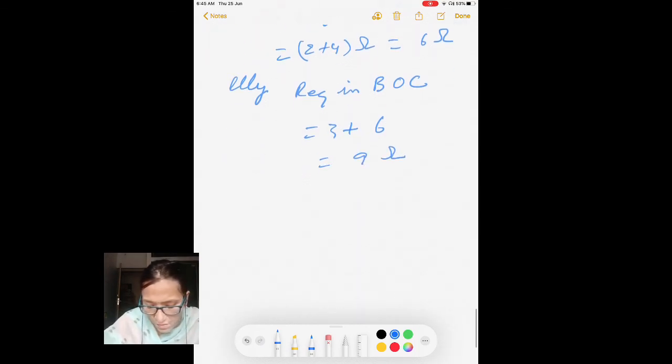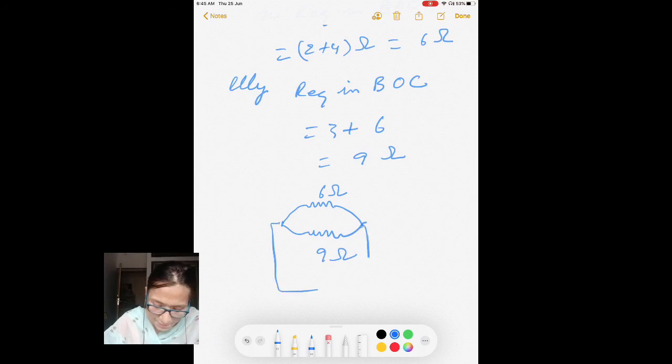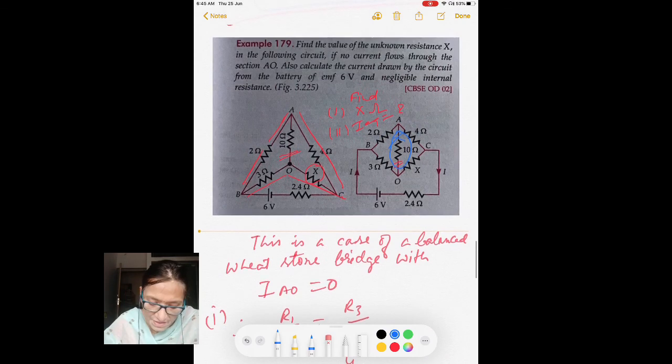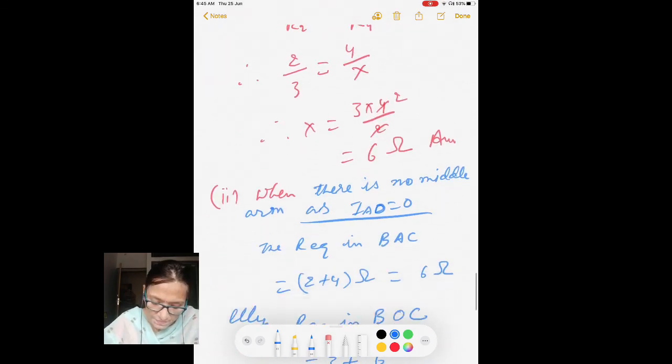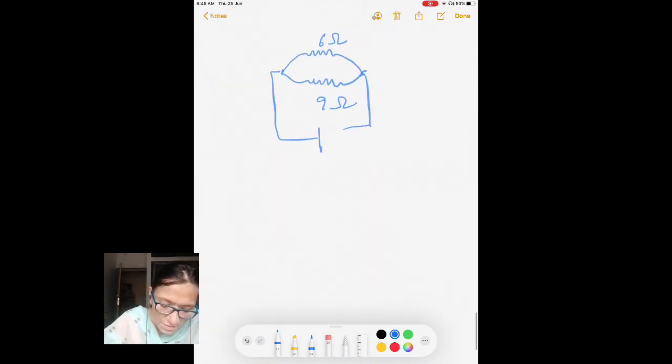So let me simplify the circuit diagram. Here you have 6 ohm, here you have 9 ohm, and it is connected to a battery of potential difference, given 6 volt, and you have to find the current in this circuit.